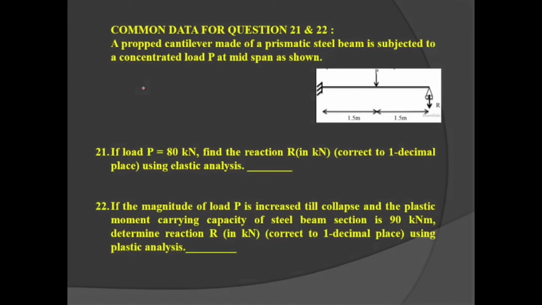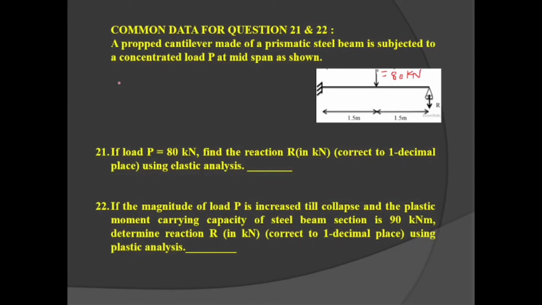Now 21st and 22nd question. For the beam, a propped cantilever beam is there. If P is 80 kilonewton, then we have to calculate the reaction. This P is given as 80 kilonewton. Let us suppose that this is reaction R. So you can easily calculate the value of the reaction, and net deflection at C must be equal to 0.